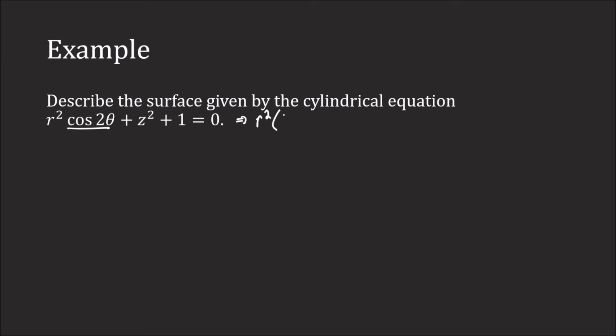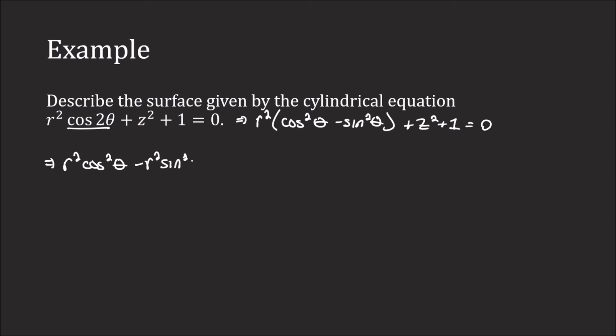So it's r squared times cosine squared minus sine squared, plus z squared plus 1 is equal to 0. Right, so we have r squared cosine squared of theta minus r squared sine squared of theta plus z squared plus 1 is equal to 0.